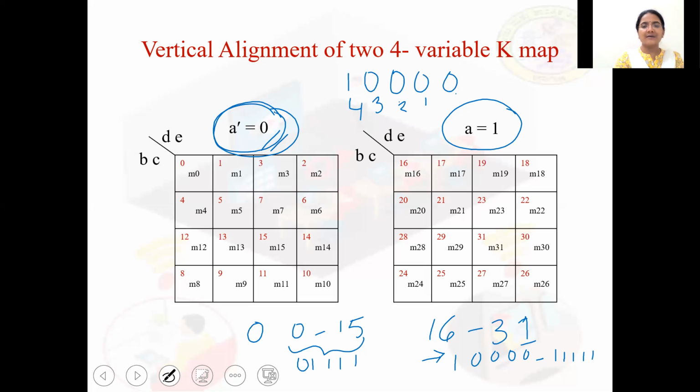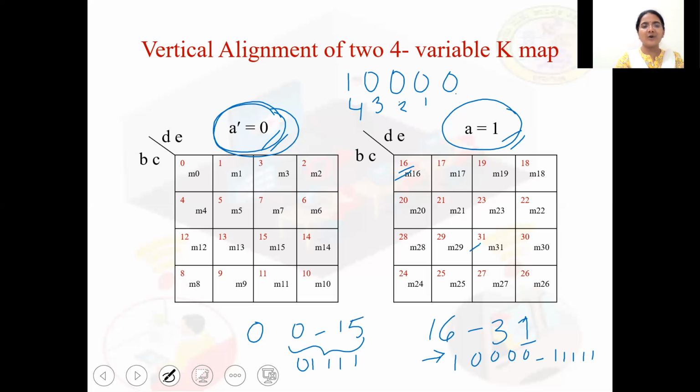For the next 16 minterms, we write the MSB as 1, and the other values are the same as the 4 variable K-map. So we number the second from 16 to 31.